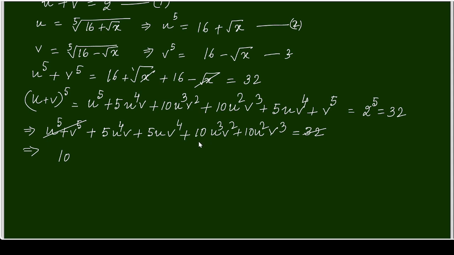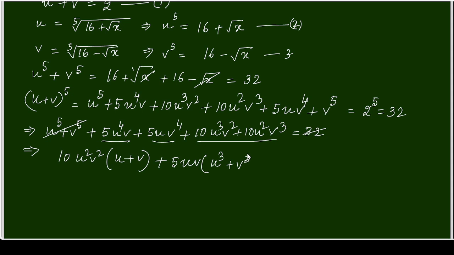So from this I'm taking 10 u squared v squared common. Within the bracket I'll get u plus v, and here I'll take 5 uv common, then within the bracket u cubed plus v cubed equals 0.